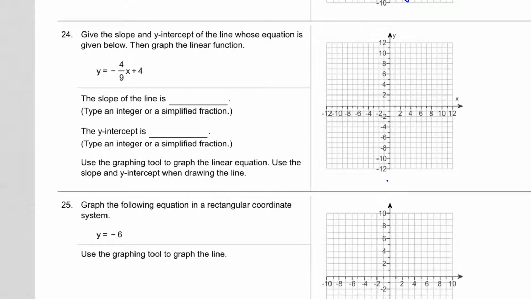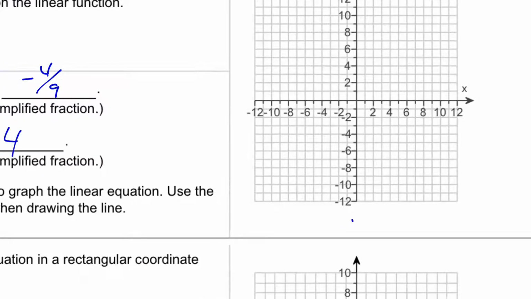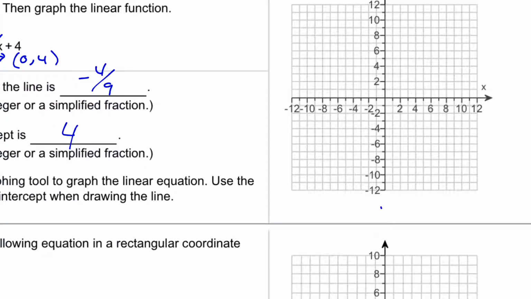Same question for number 24. So there's our y-intercept right there. That's where you start, and then we go down 4 over 9. So we're going to start at 4, and we're going to go down 4 over 9.